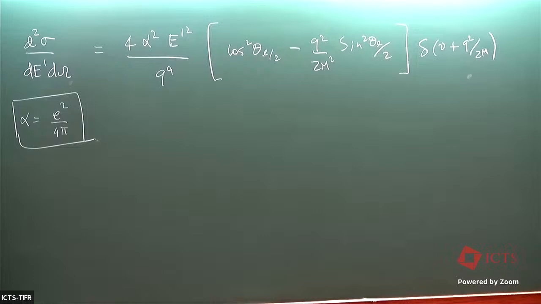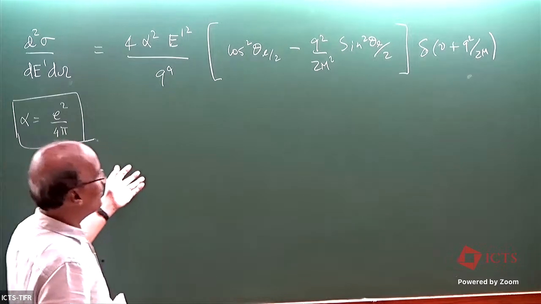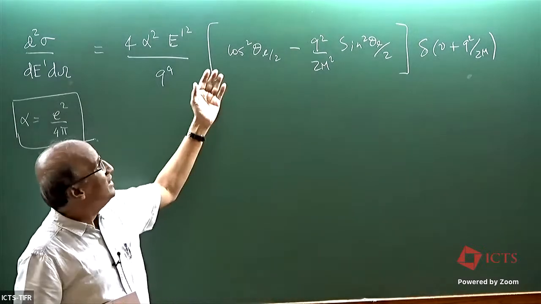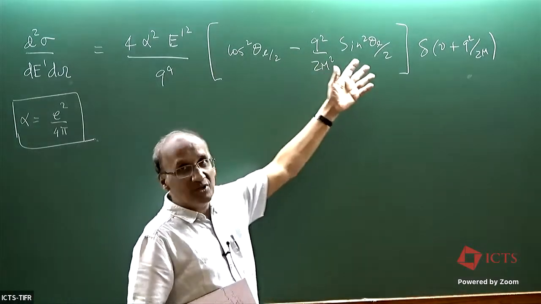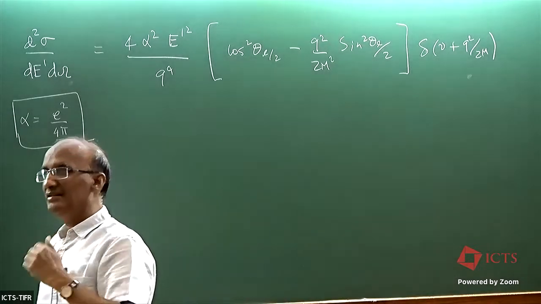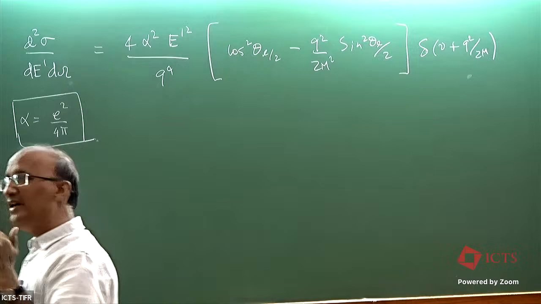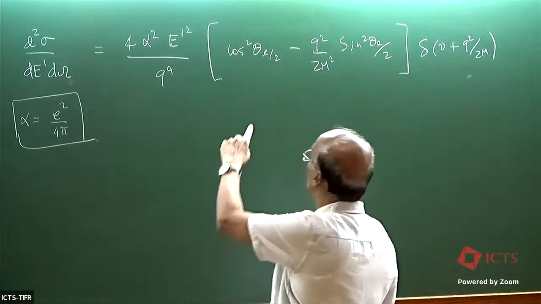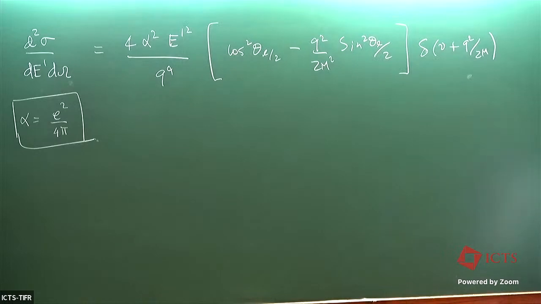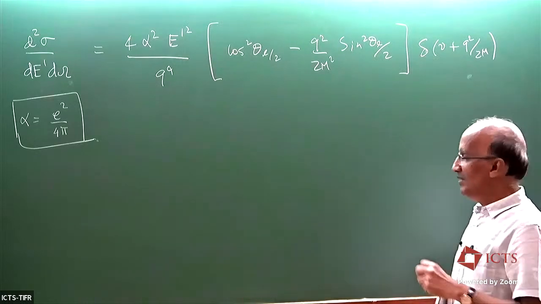Now I will give it to an experimentalist and say, please confirm this. He or she will do an experiment, say the angular distribution, and look at how it depends on cos square theta L or energy. You can fit the coefficients of these two quantities, sin square and cos square, if the experiment is precise.